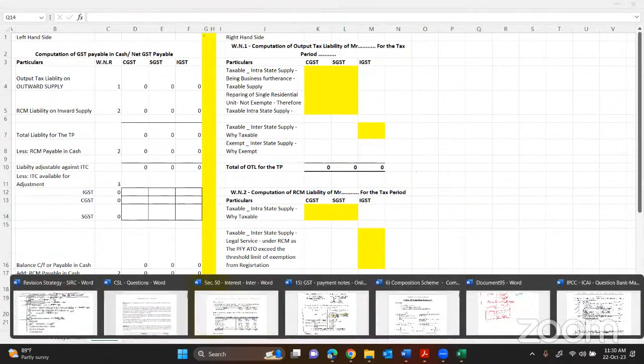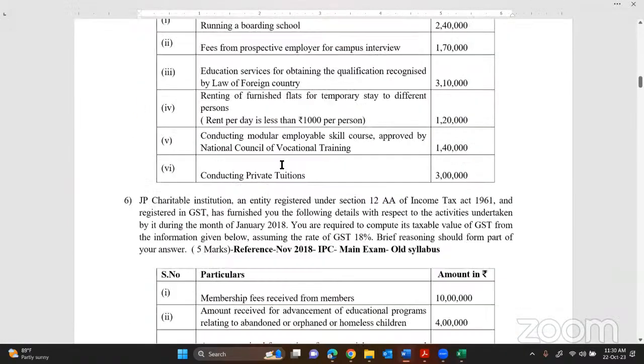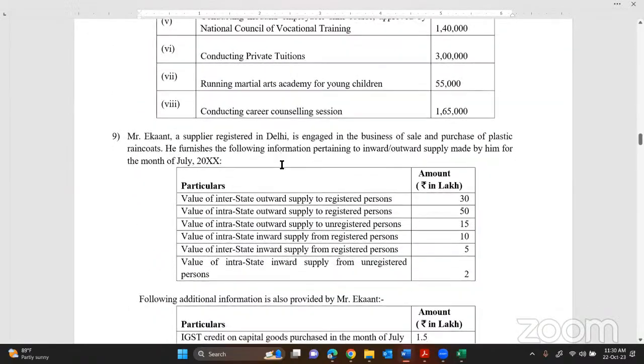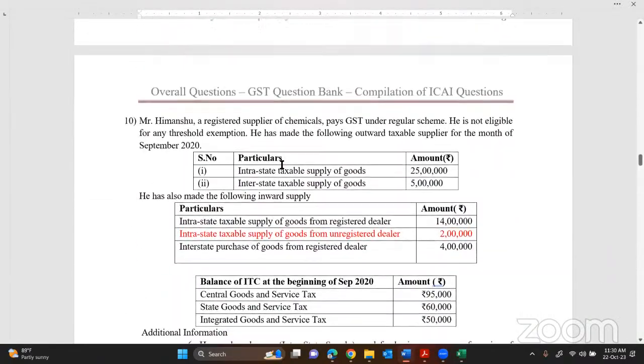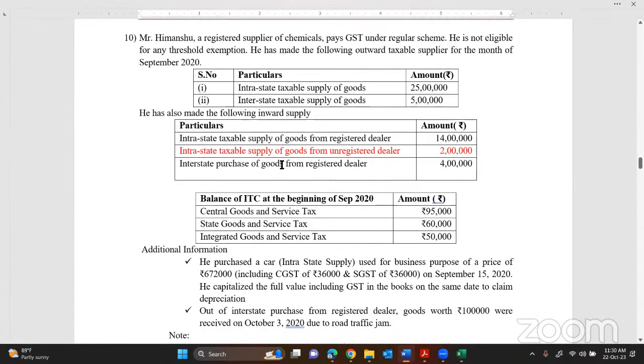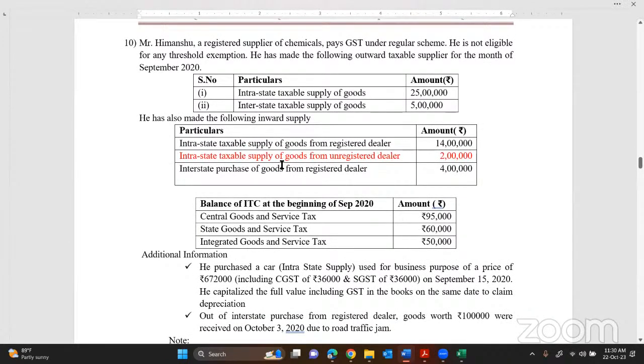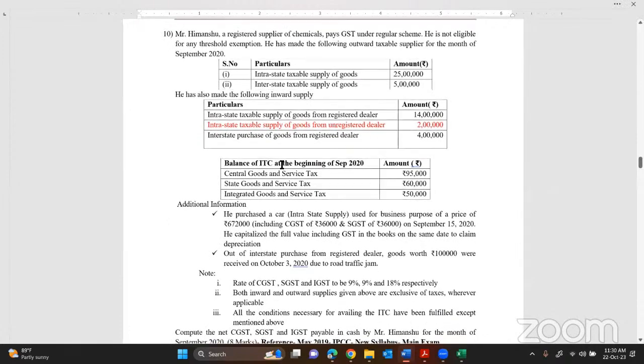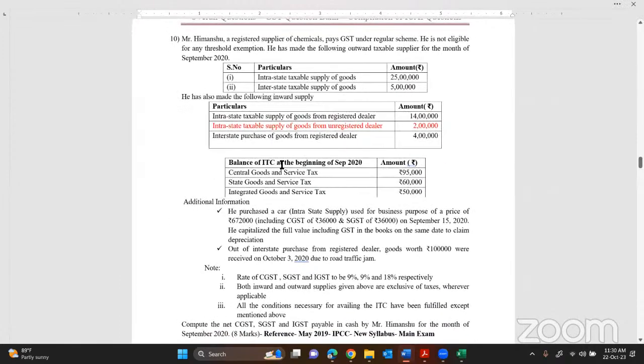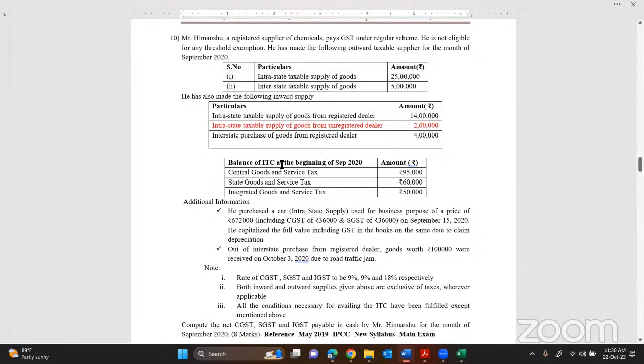Now I leave you with the Himanshu problem, a very, very, very important one. Because this is very similar to the pattern of the MTP question which has come to this exam. My dear brothers and sisters, I'm giving you exactly 5 minutes.